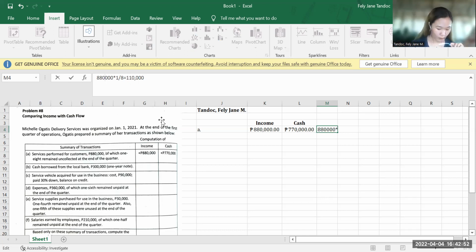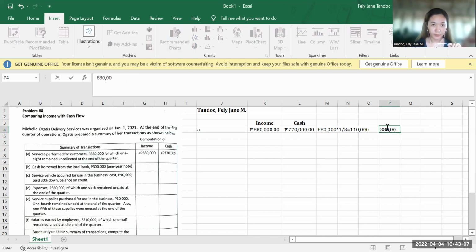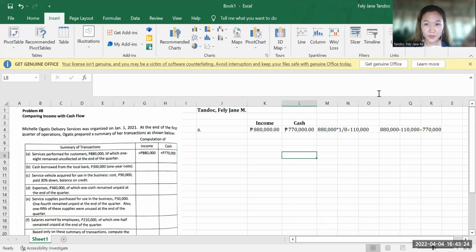And to get the cash on hand, we simply subtract the 1/8. So, 880,000 minus 110,000 for a total of 770,000. So we got 770,000 cash on hand.